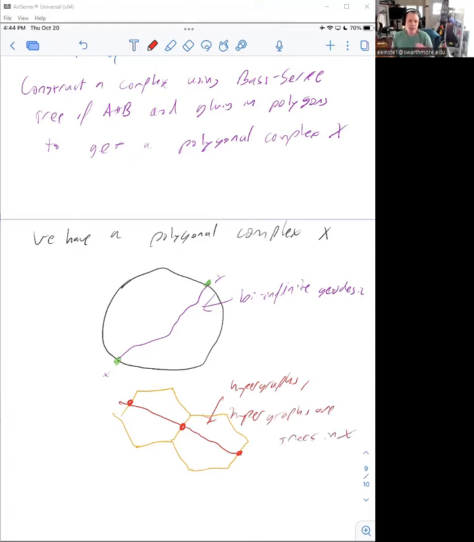This is the significance of what the C'(1/6) relation does for you. It allows you to prove that these hypergraphs are really trees. With this bi-infinite geodesic, I'm going to pick an edge here, and then take one of these hypergraphs. There's some hypergraph that's dual to this edge.